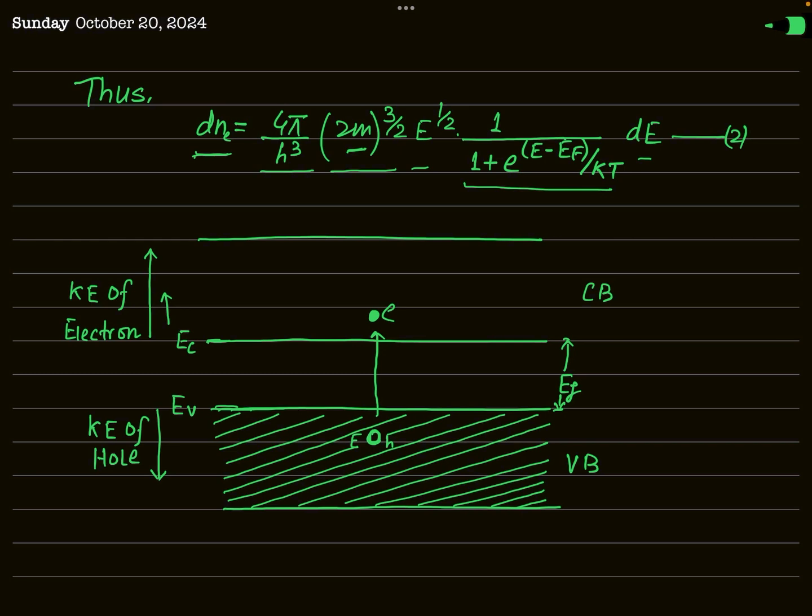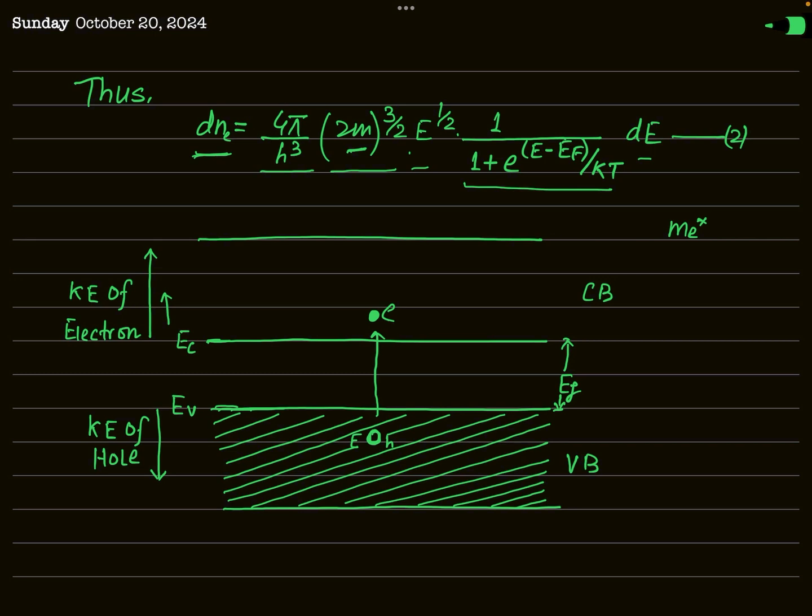So definitely, if you apply this equation 2 for the electrons in the conduction band, this m should be replaced by the effective mass of the electron, denoted by the symbol m_e*. So this one will be different from equation 2.